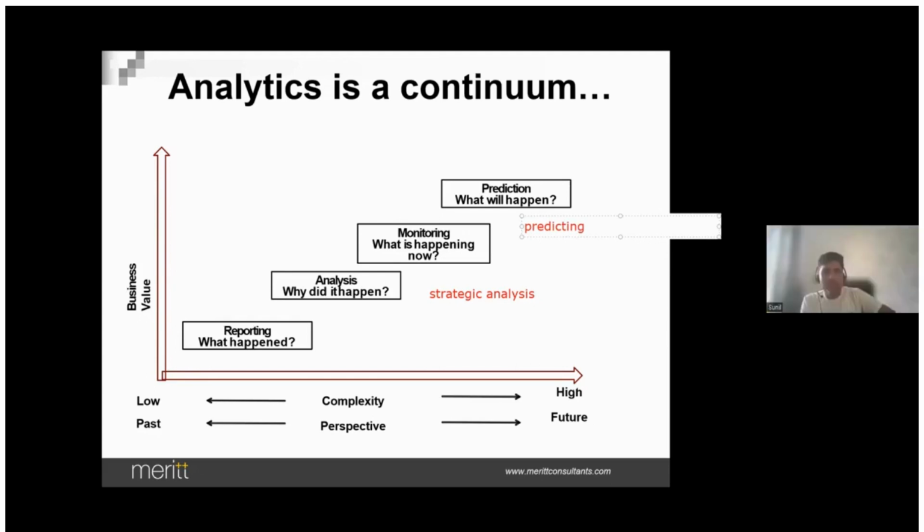When you predict to take a decision, you use statistical techniques called correlation in Excel or regression in Excel. So when you do prediction, correlation and regression, you are moving from low-level analytics to highly complex analytics. Got it?